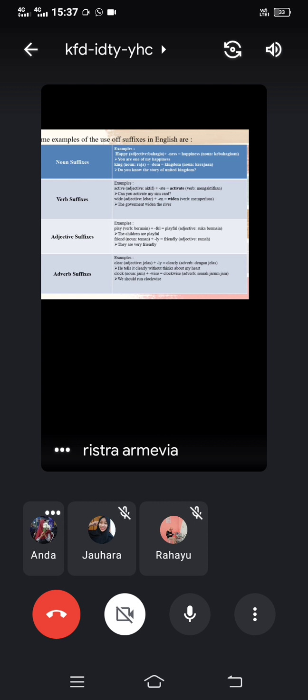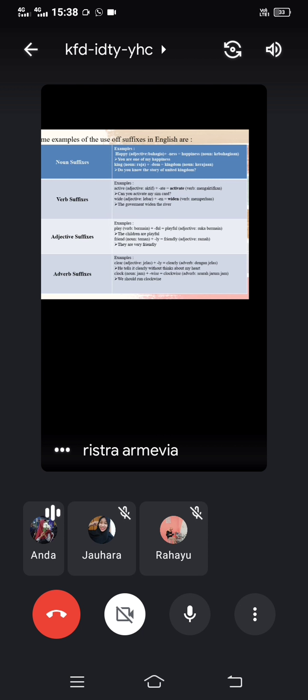Example: active, an adjective meaning aktif, plus -ate, becomes activate, a verb meaning mengaktifkan. For example, can you activate my SIM card? Wide, an adjective meaning lebar, plus -en, becomes widen, a verb meaning memperluas. The government widens the river.